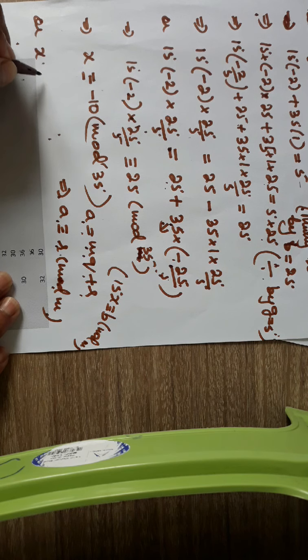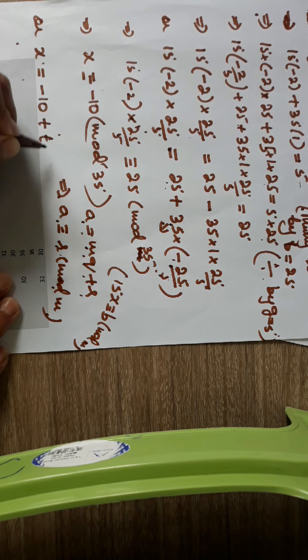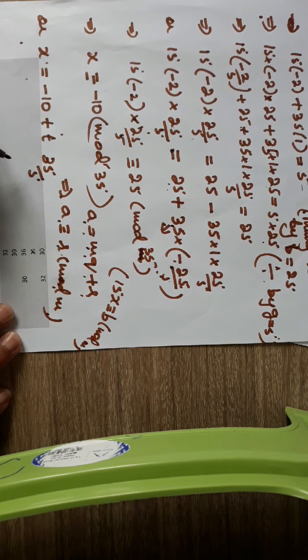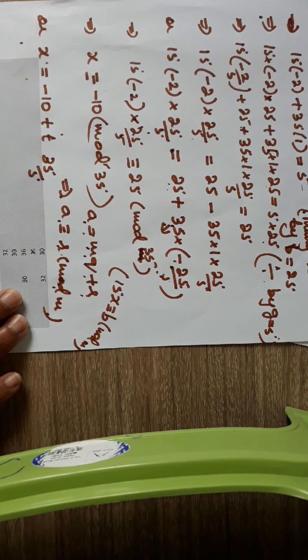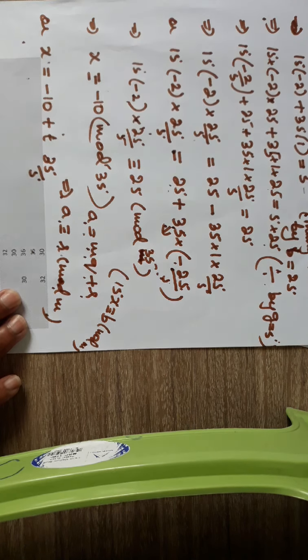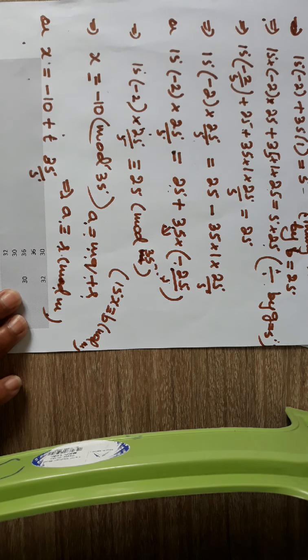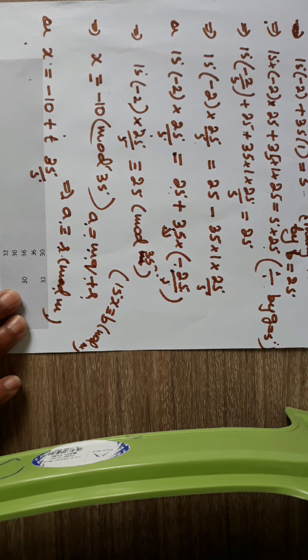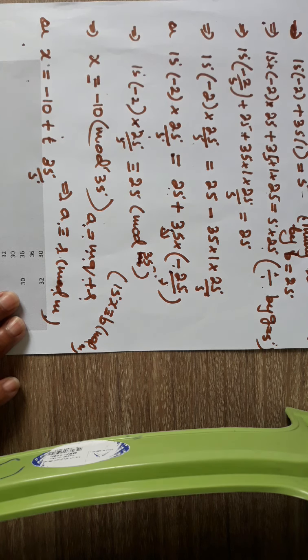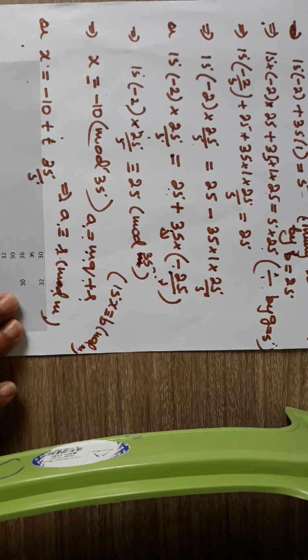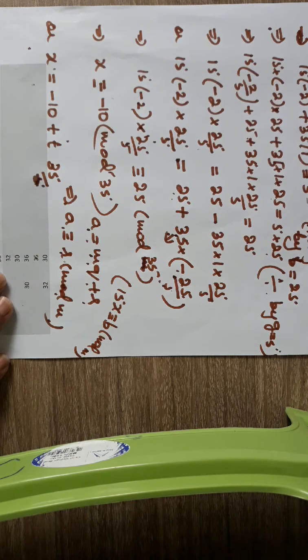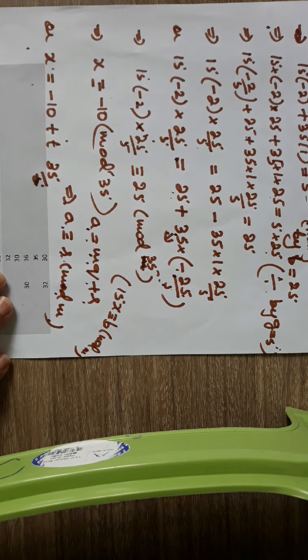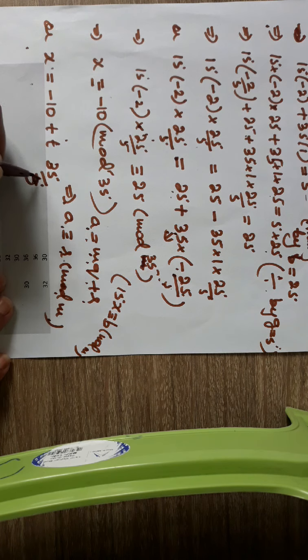Or you can write x is equal to minus 10 plus t into 35 by 5 is the solution. You refer to that theorem.